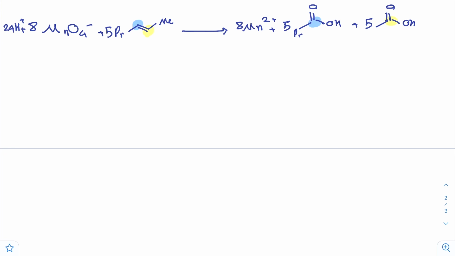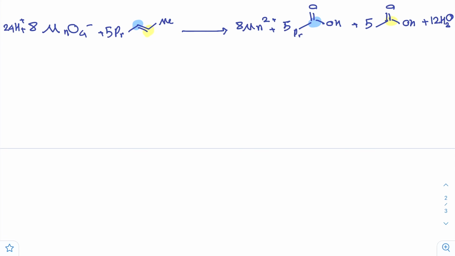And then finally we need to worry about the oxygens. We have 32 oxygens on the left, and then we have 20 oxygens on the right. So I'm going to add 12 H2Os to take care of the oxygen, and then if the hydrogens are in balance, we should be good.